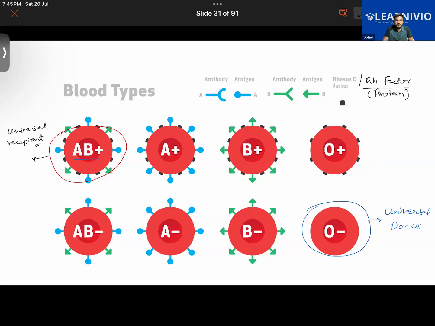Then we learned that the circulatory system is made up of three parts, namely blood, different types of blood vessels, and the heart. We also learned about the functions of blood and its different components.